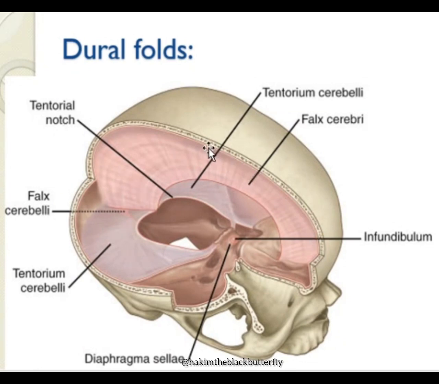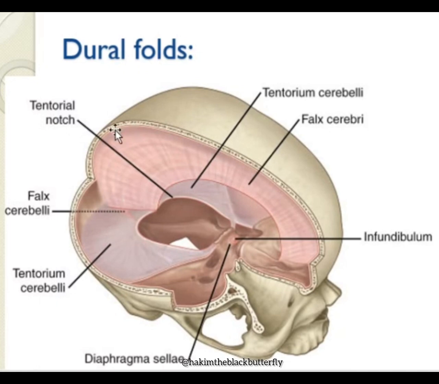Those channels which contain blood and are made up of dura mater are known as dural venous sinuses. Whenever they talk about dural venous sinuses, they refer to channels made up of dura mater, but they contain deoxygenated blood.